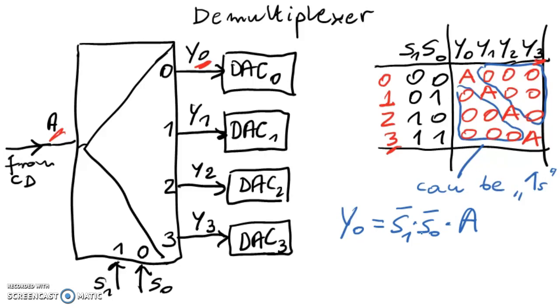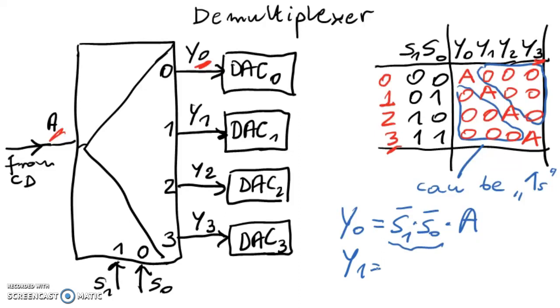Look at this. If the S's are zeros, you get 1 in this product, and 1 multiplied by A gives you A. For the remaining values of the S's, you've got 0, so zeros will be present on the output Y0.